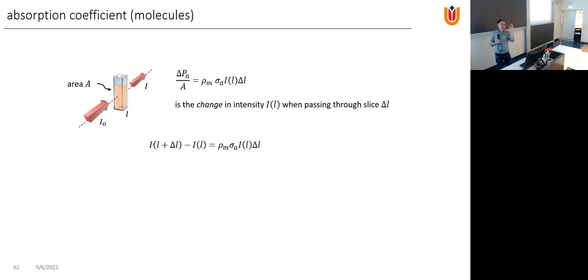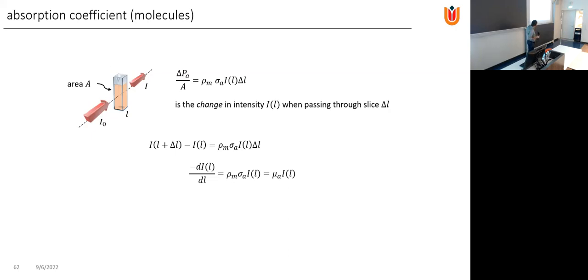Now, of course, if you bring delta L to a very small number, you can write this as a differential equation. So there's dI, the change in intensity, divided by dL, the length of the cuvette. It's a reduction, so there's a minus sign in front.